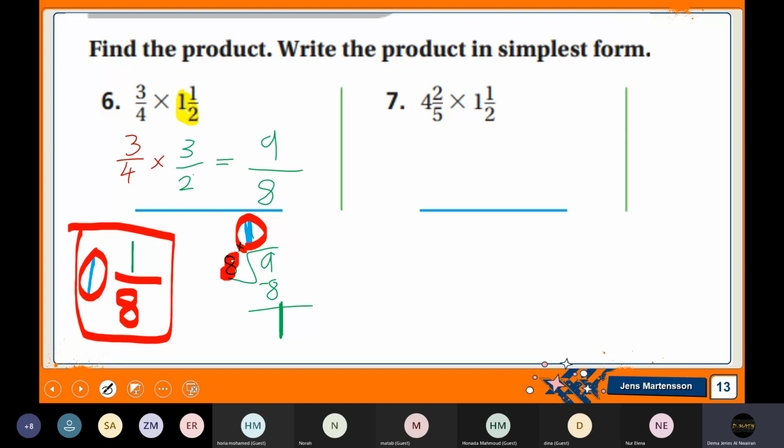We will multiply the whole number by the denominator. So this will be 4 multiply 5. Bravo. 4 times 5 is 20 plus 2 is 22. 22 over what?